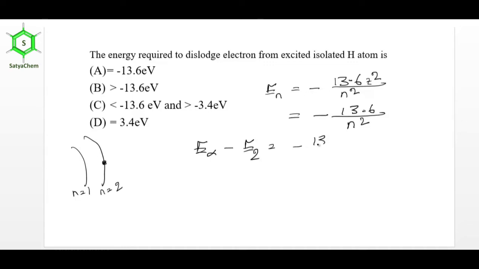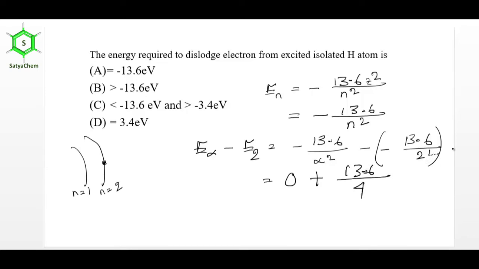So minus 13.6 by infinity square minus of minus 13.6 by 2 square. 1 by infinity means 0, so 0 minus, so it will be plus 13.6 by 4, which means 3.4 electron volt. So the correct option is D.